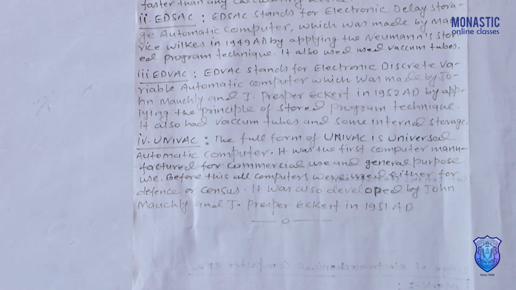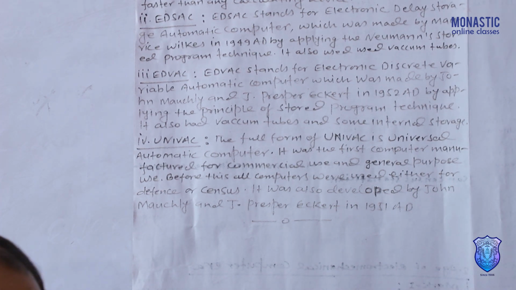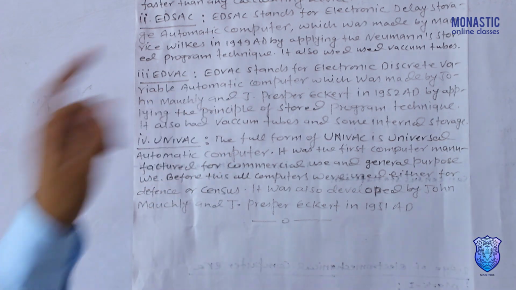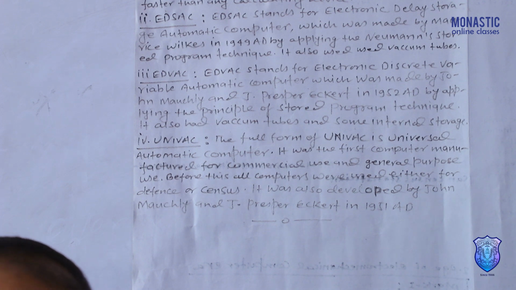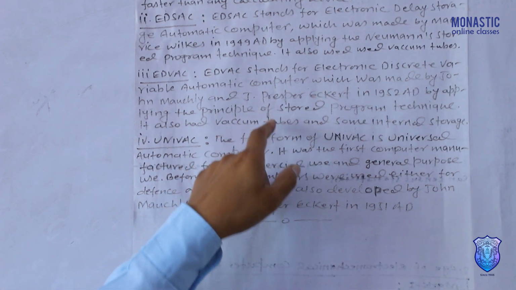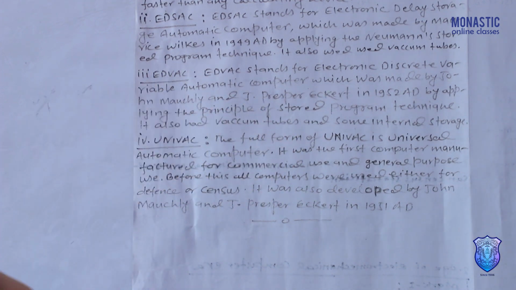It was developed in 1952 by applying the principle of John von Neumann, that is, the stored program technique. It is also an example of the first generation of computer. That's why it was also very big in size, and vacuum tubes were used as the main component of EDVAC.